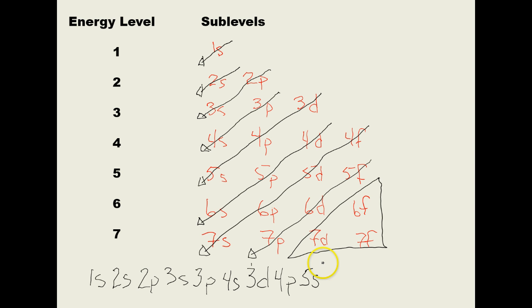And let's just finish that up. So we have the 4d, 5p, and 6s. So this is the actual order that electrons are going to occupy energy levels and those orbitals. That is what is called Aufbau's principle.